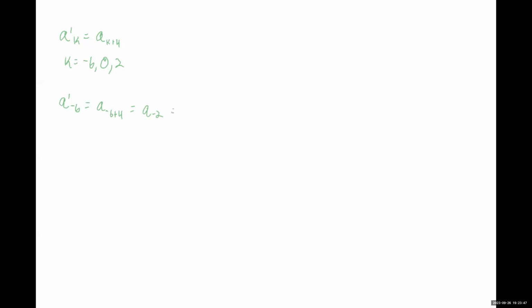We didn't solve for a of -2, so we're going to have to consult back to our defined equation, which is a k is equal to 3 sine of k pi, so in this case, -2 pi over 12, divided by 2 k pi.